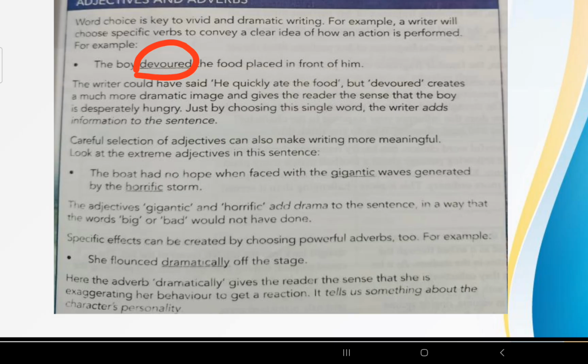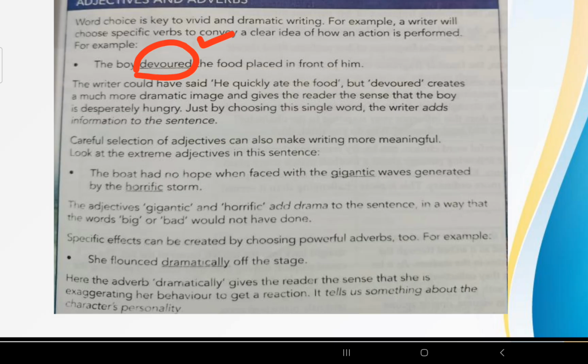The boy is starving. That's why he devoured that food, or ate all of it quickly. Just by choosing this single word, the writer adds information to the sentence. So that is the use of words: with the help of this word, the writer is trying to influence the reader.